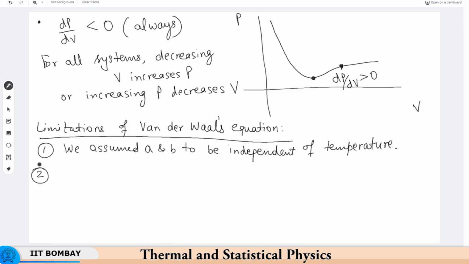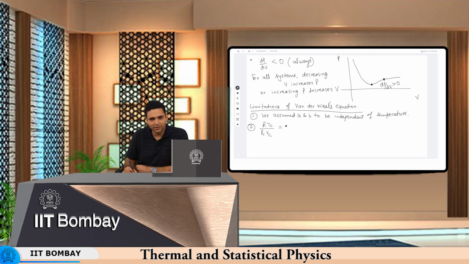Also, the other limitation, which is very clear, is that RTC by PCVC from this theory is 2.67 theoretically, whereas experiments showed this to be varying anywhere between 3 and 3.5, right?